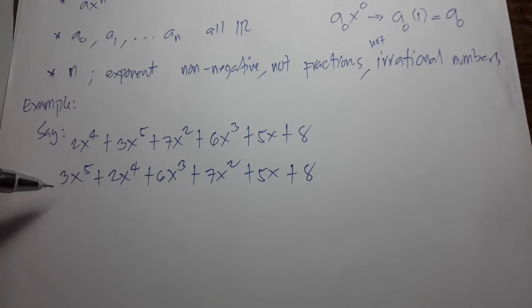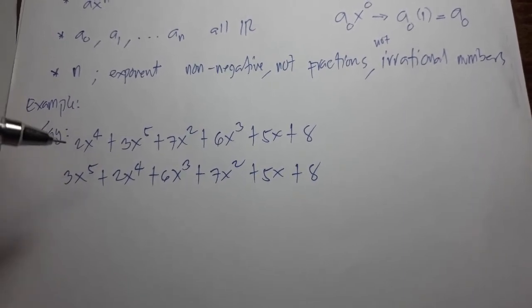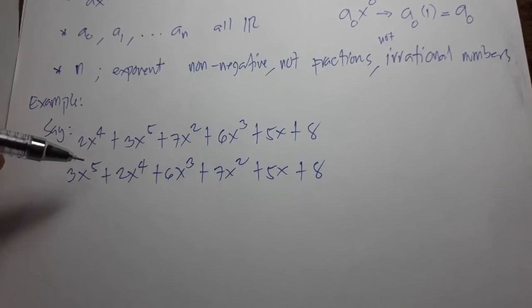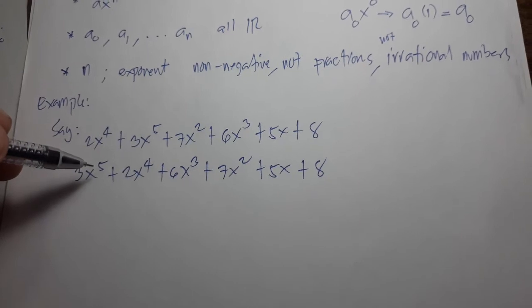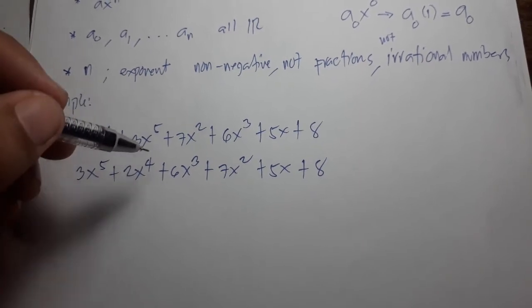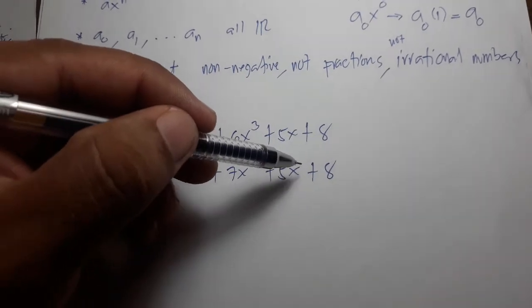As you can see, our exponents, or the power of x values, are now in decreasing order. So we have 5, 4, 3, 2, and here we have understood to be 1.